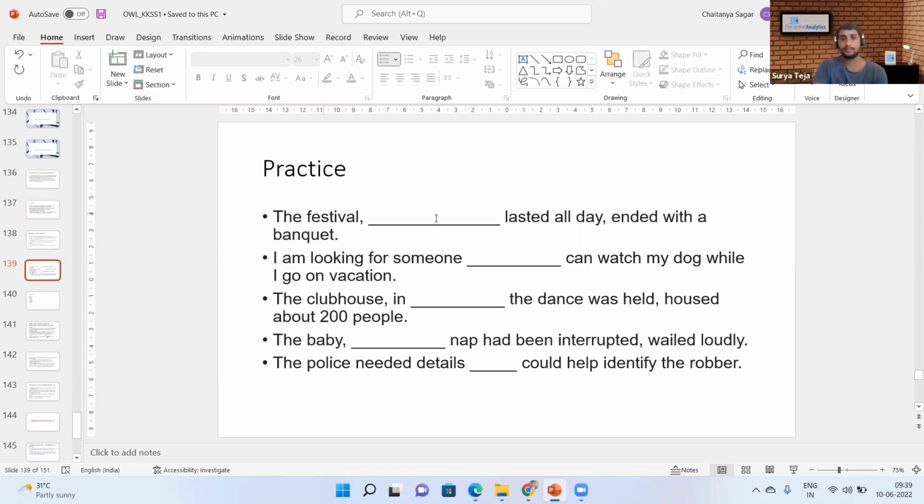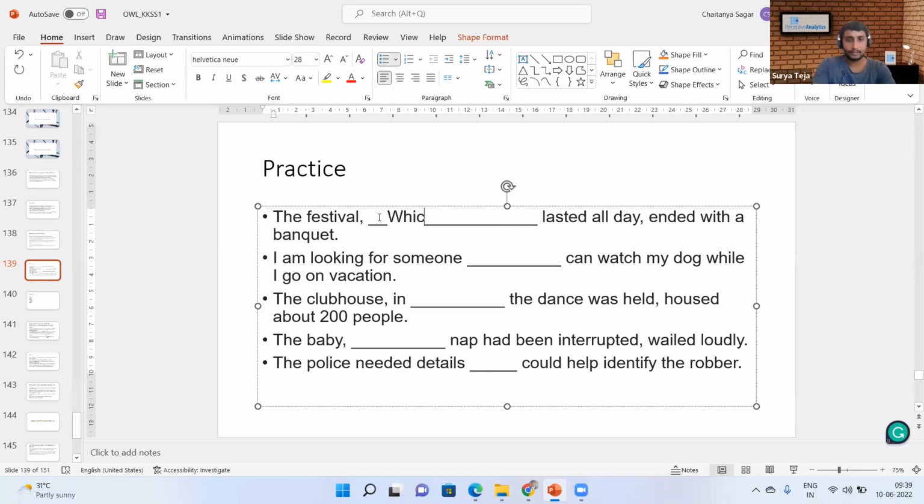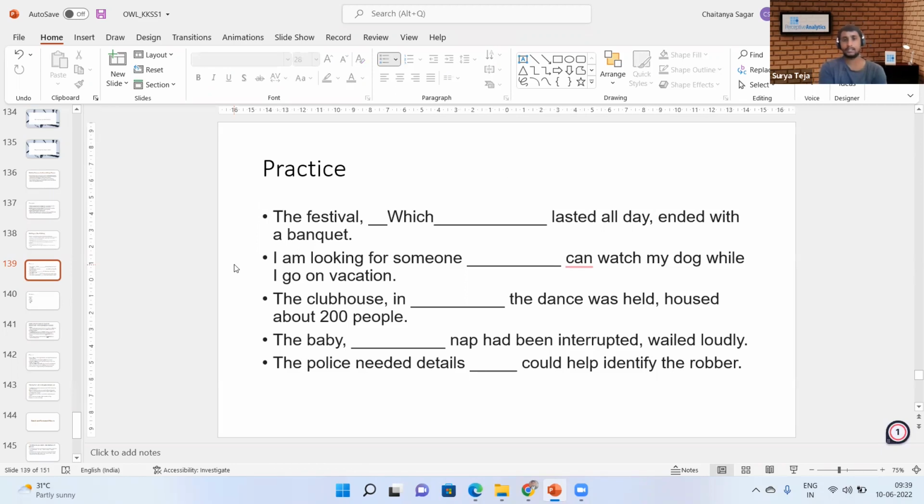So if you see, the festival which lasted all day ended with a banquet. Actually, what you're telling is the festival ended with a banquet. So basically, you're talking about a festival, and everyone knows what kind of festival it is, because there will usually be one festival. We'll say, in this case, assuming that the context has already been built, the festival ended with the banquet. And what exactly is the thing between these commas communicating, which lasted all day?